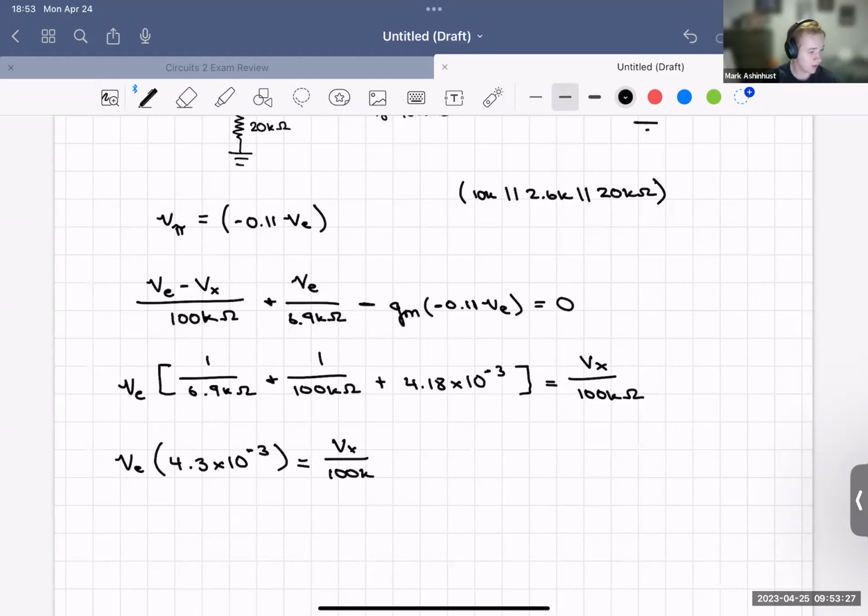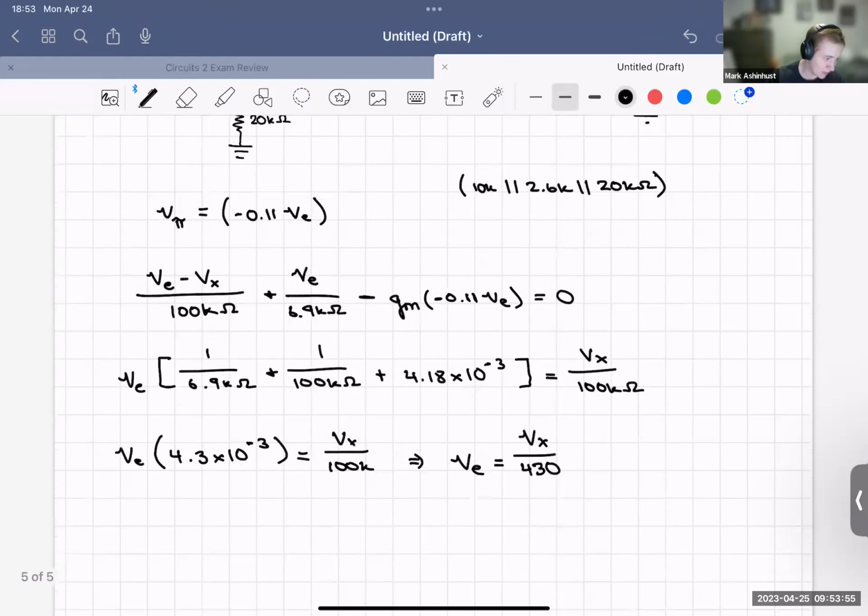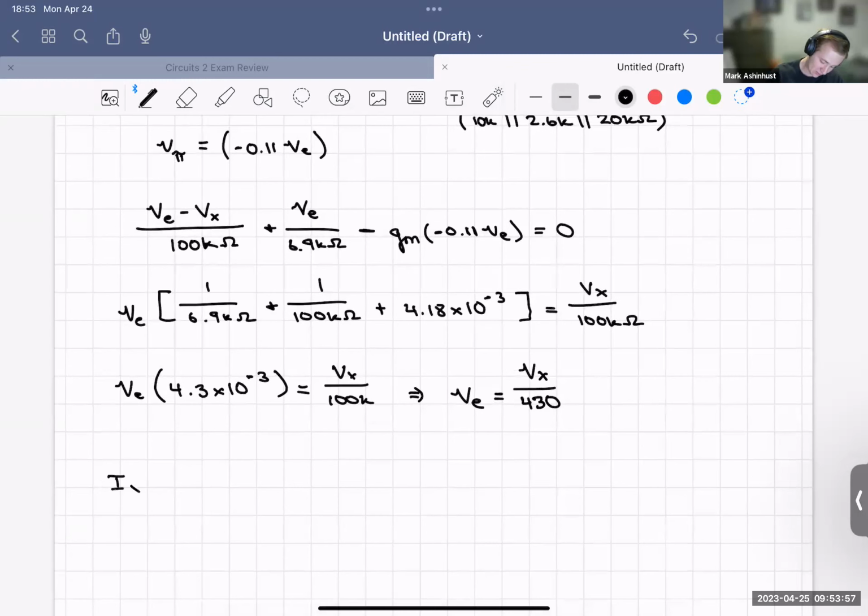We want to solve for VE, because if we know VE, then we can use that to get to Vx over Ix. So we'll get VE is equal to Vx over 430. And now we can go back to our equation for Ix, which is going to be Vx over 8 kilo ohms.